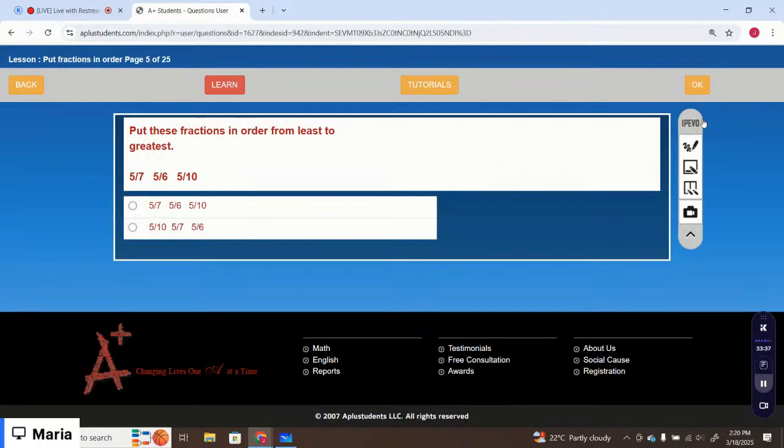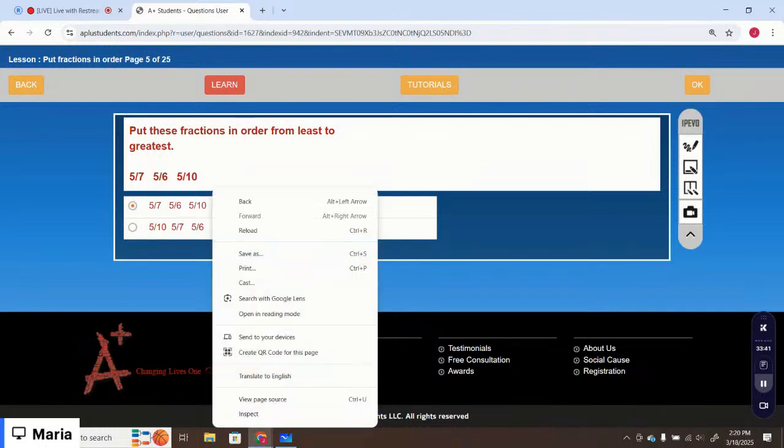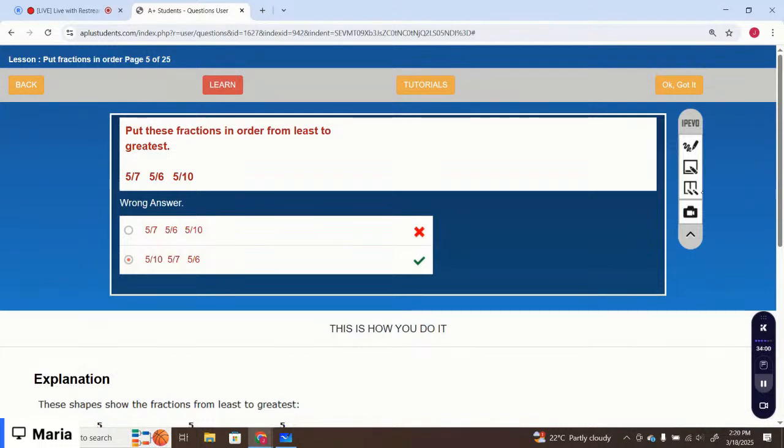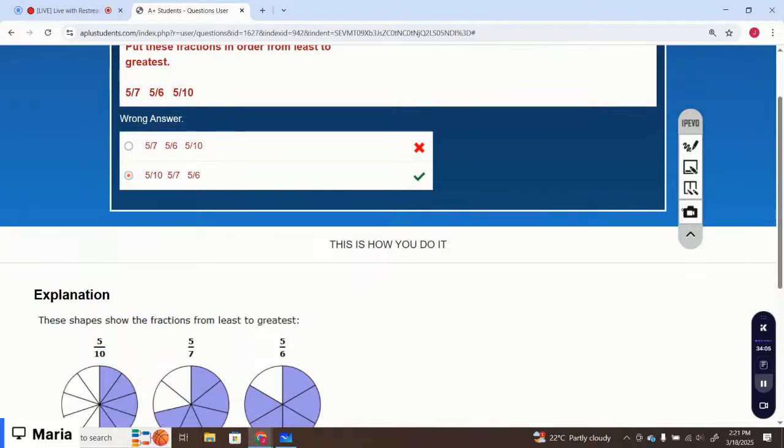But you are not given it. Oh, least to greatest, sorry. The one with the greatest denominator has the smallest portion colored.